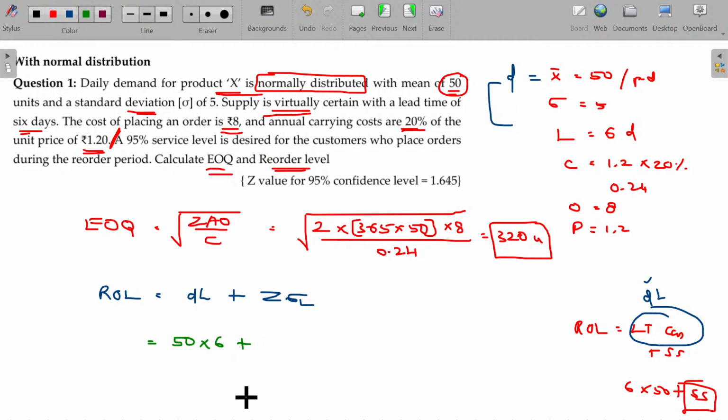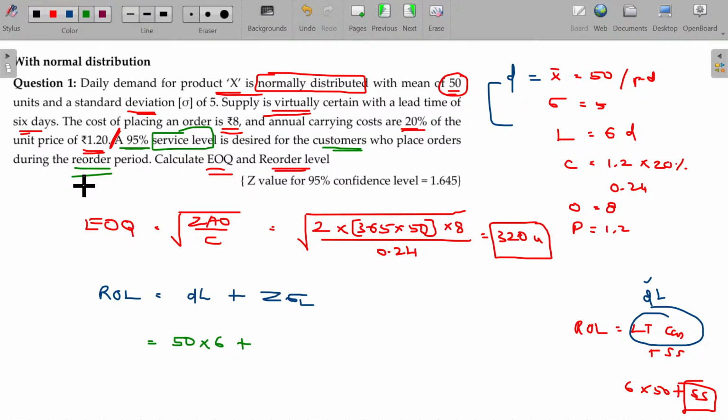Now, you have to find out the Z for the probability of your stock maintenance, not stock out. Let's see here. 95% service level is desired for the customers who place orders during the reorder period. 95% served. It means out of 100 times demand is there, definitely I will meet 95 times on time.